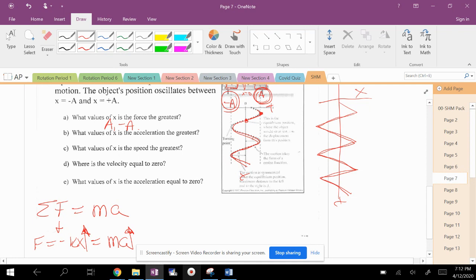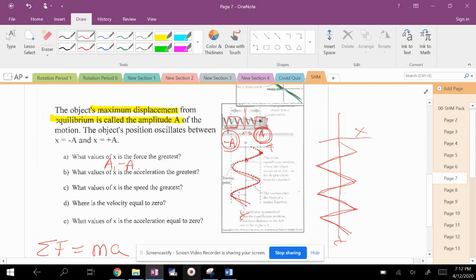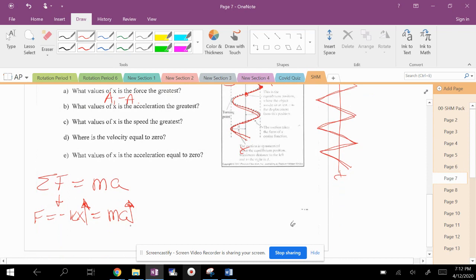Even though we know that when it's oscillating at the amplitudes, velocity is equal to 0 because that's the point when it's turning around, that doesn't mean acceleration is 0. Actually, on the contrary, acceleration is the greatest at these amplitudes because it's proportional to my restoring displacement.